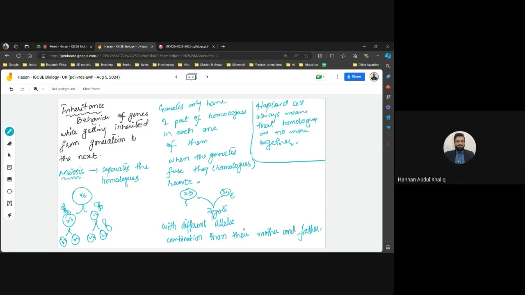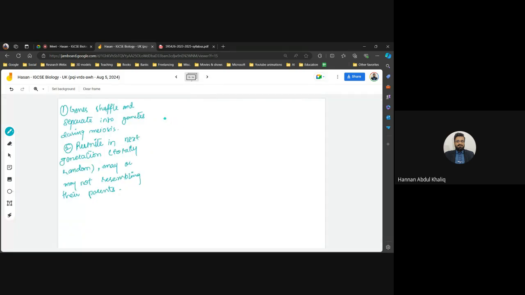Next thing, why do we say some allele is dominant and the other allele as recessive?